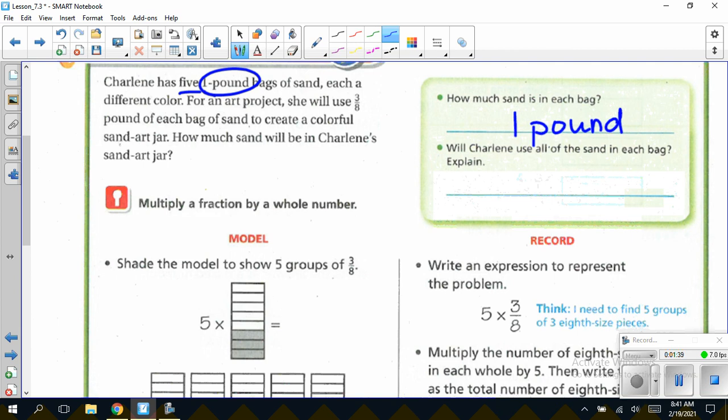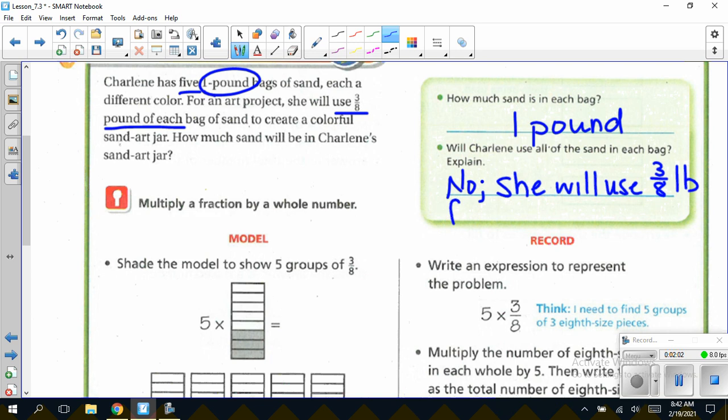And will Charlene use all of the sand in each bag? Well, we know that this is a no, because it says she will use 3/8 pound of each bag. So she will use 3/8 pound from each bag.